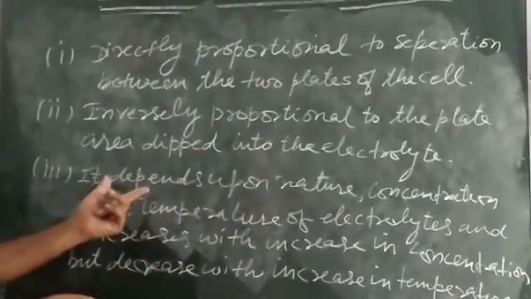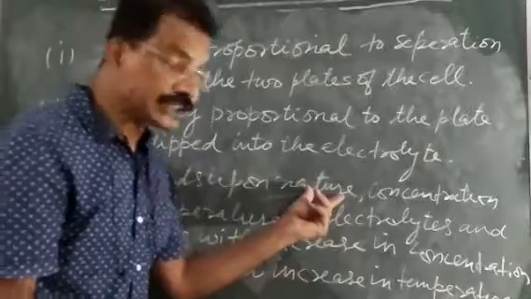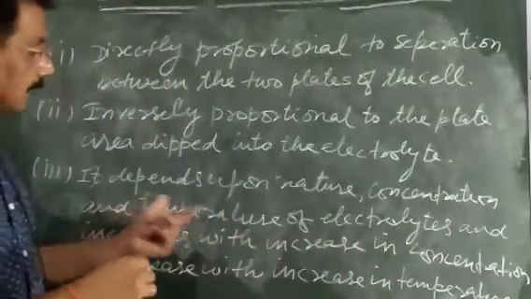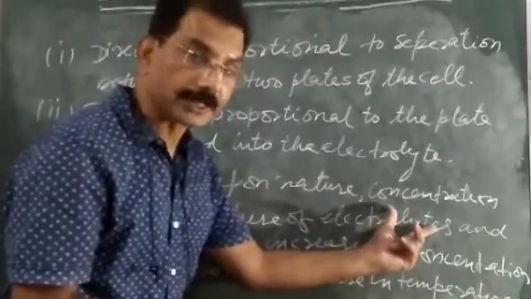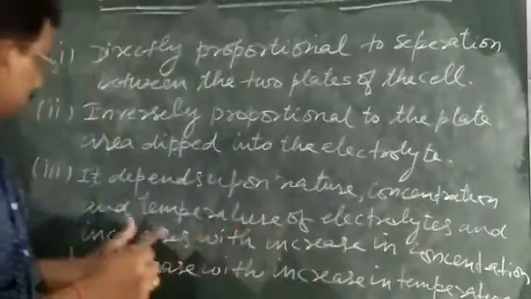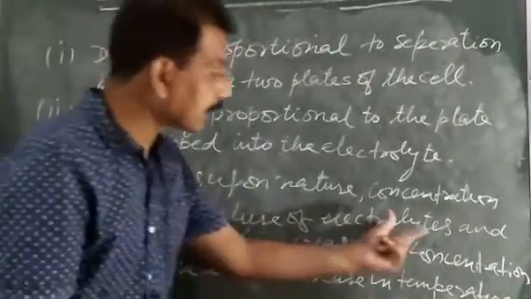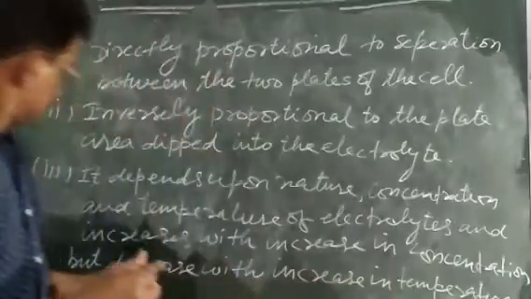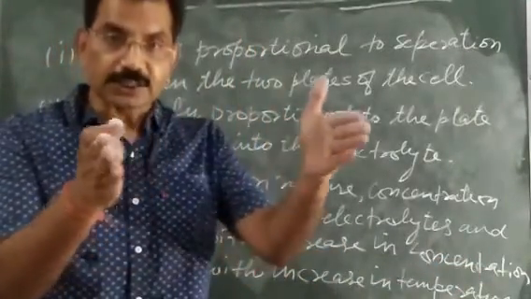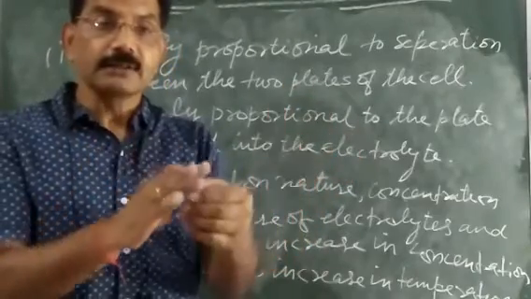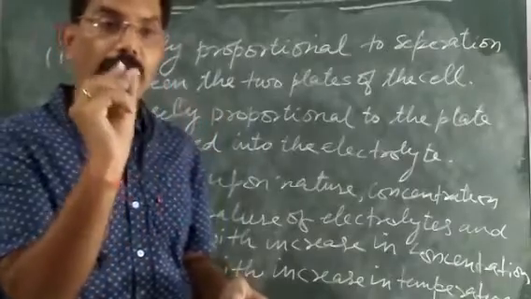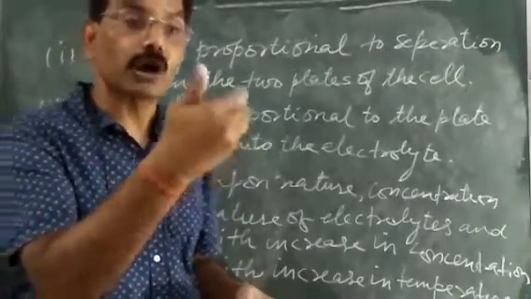Third point, it depends upon the nature of the electrolyte, the concentration, and the temperature of the electrolyte. Internal resistance increases with increase in concentration. When we increase the concentration of the electrolyte, the ions do not flow easily. The ions will offer more hindrance, more obstruction.